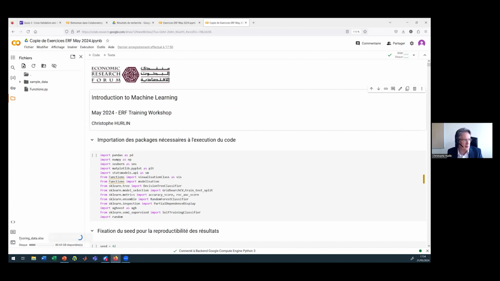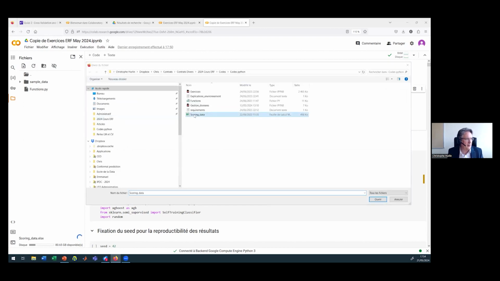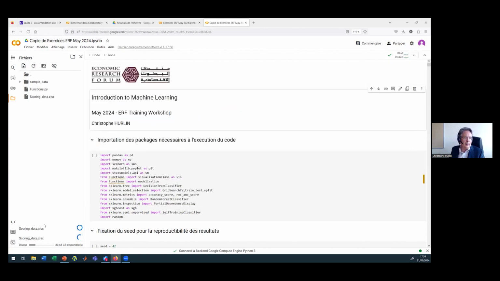I have a problem with the scoring data, but if you have a problem, redo the same and send an email to Google to ask why it doesn't work. But you can see in the second trial it works, and then I have my data set and the Py function file in which I have some code to execute.